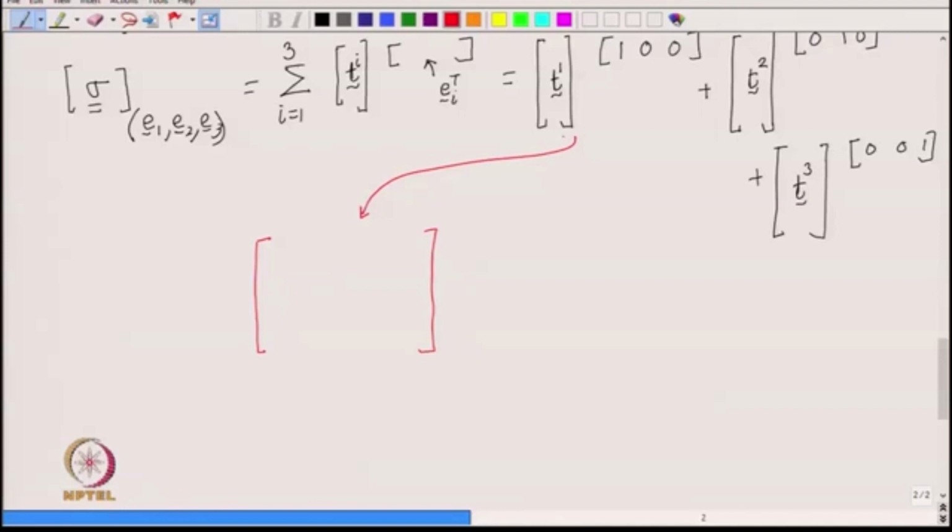If you write down this T 1 as T 1 1, then T 1 2, and finally T 1 3, the 3 components.